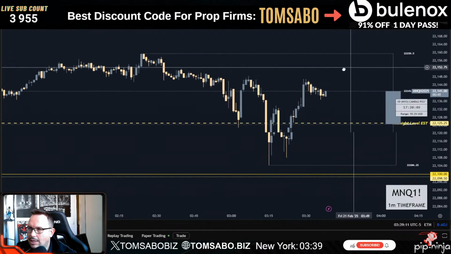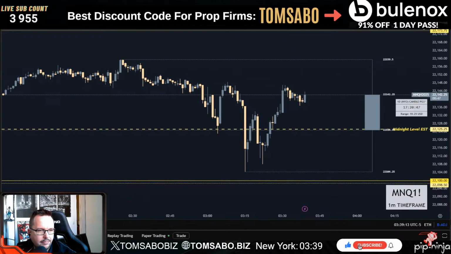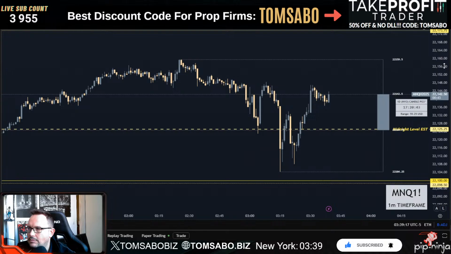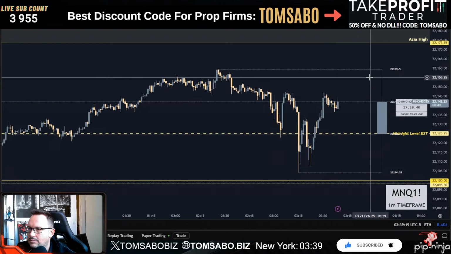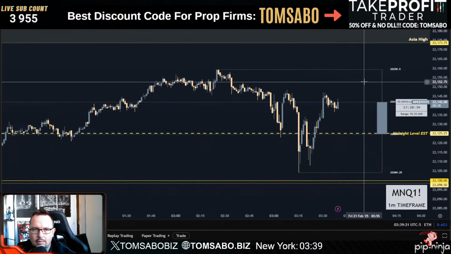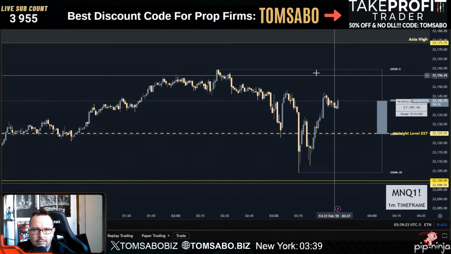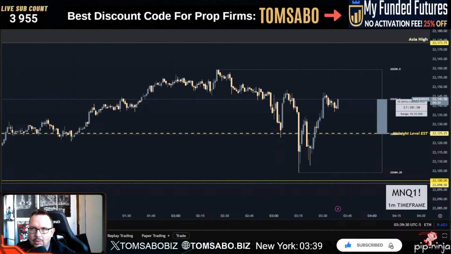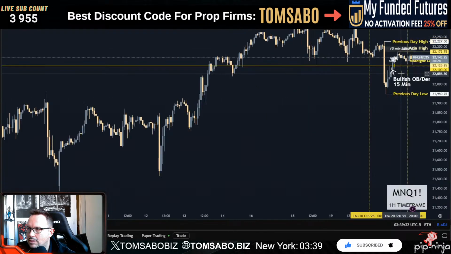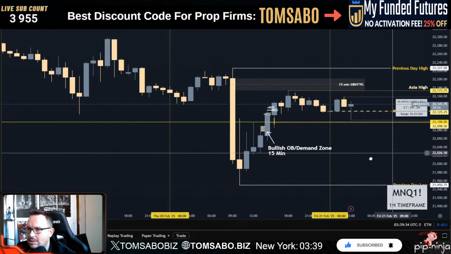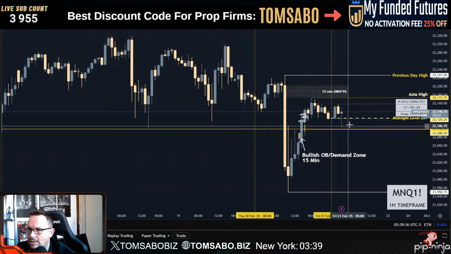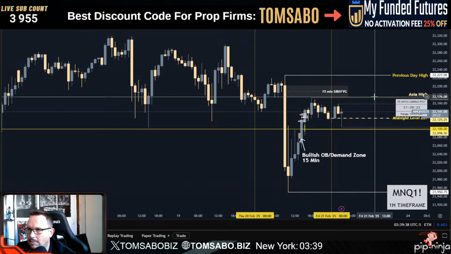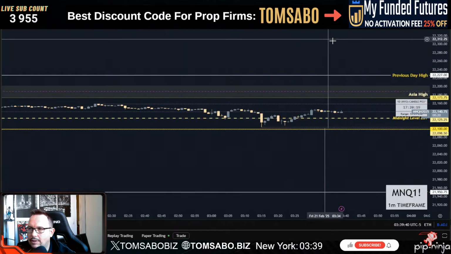But this does look like a bullish flag. On the 60-minute chart, there is a bull flag. Let's see. Oh yeah, it looks like it. So yeah, it does look like it wants to pop into that fair value gap.